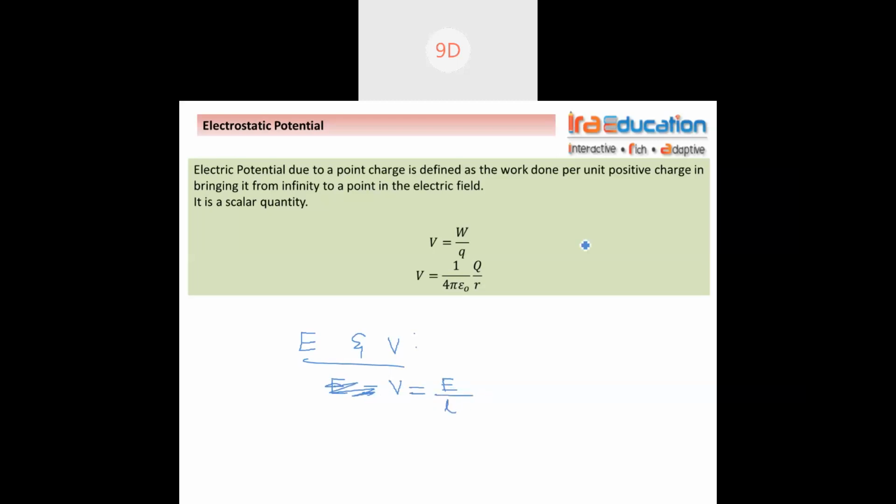Then it will give you your electrostatic potential. Same formula. 1 by 4 pi epsilon naught can be written as K, or 9 into 10 to the power of 9. Make a note of the formula, that's it.